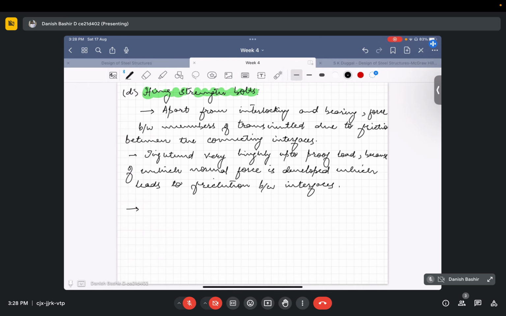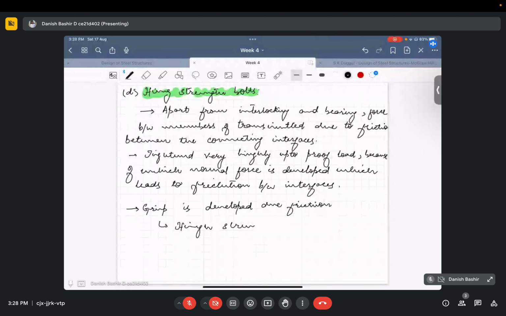Okay, we can write: grip is developed due to friction. High strength friction grip bolts.